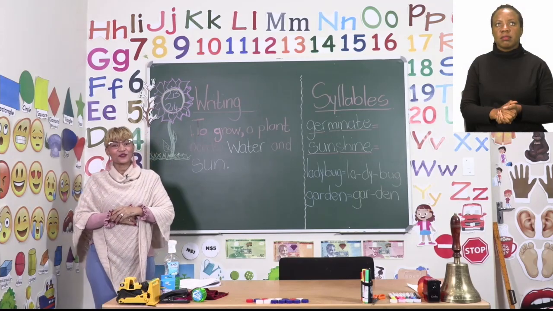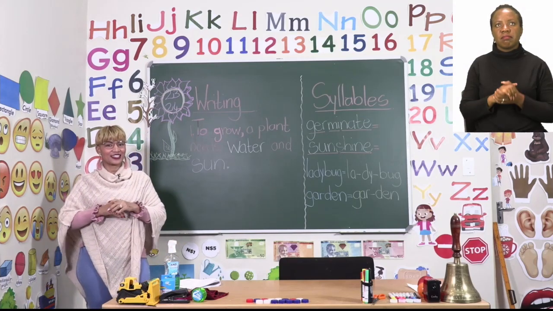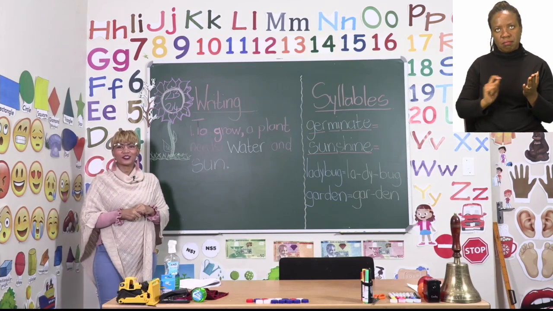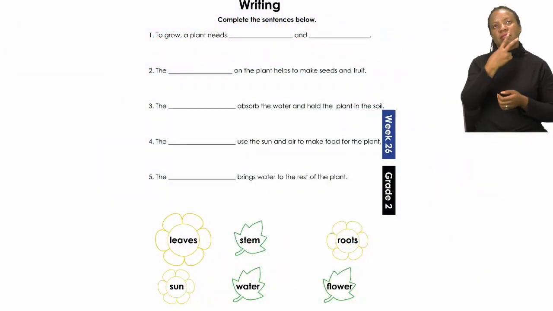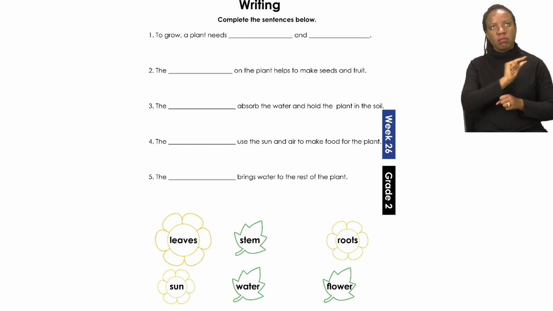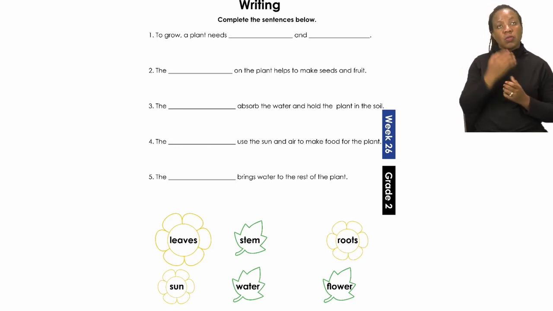In today's lesson, we're going to start with writing. Let's turn our booklets to page 23. Now here it says we have to complete the sentences below. There you will see you have 5 sentences.